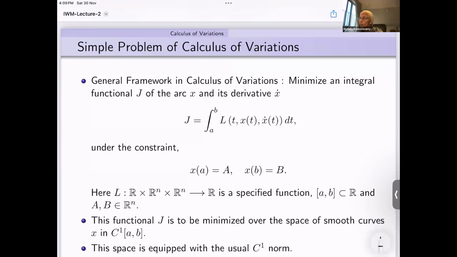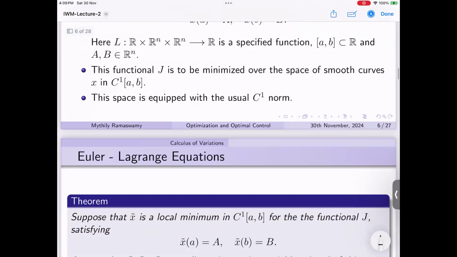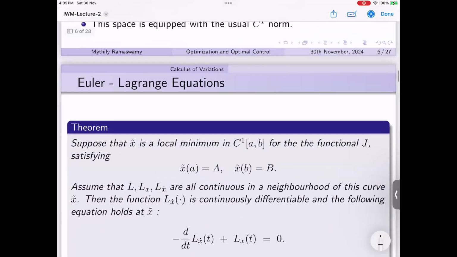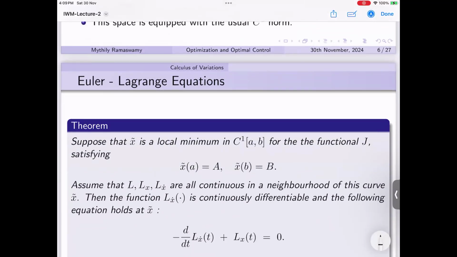Can you repeat the question? You have mentioned J is in C1 space. If the integral function J is in C2 space, then how can we write integral function J equal to? I think when J is C2, he wants to know the formula.